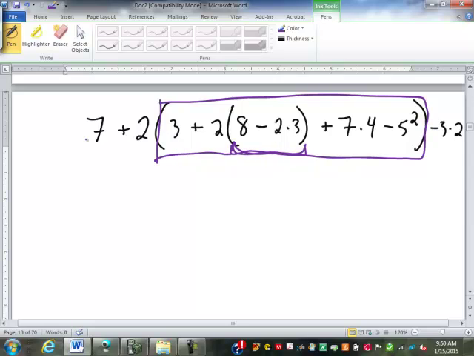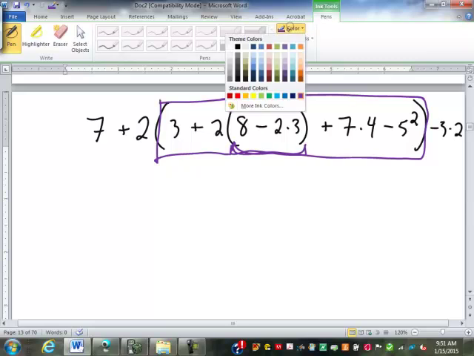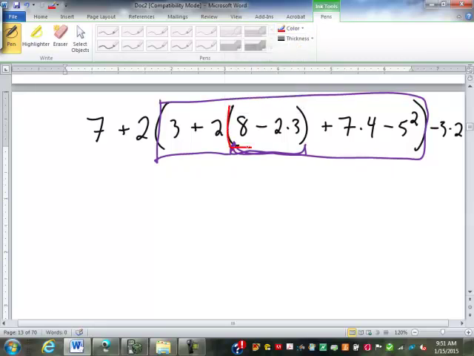So we've got to start inside that purple box. Now some of you are thinking, yeah, but we need to go to the inside. Yes, we do. Inside this set of parentheses, our order of operations still applies. We're still looking at that first level. Are there any enclosing symbols? Yes, there are. This parentheses right here is another enclosing symbol. So now we have to start inside that parentheses, inside the red box, if you will.